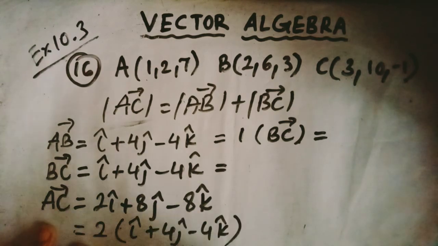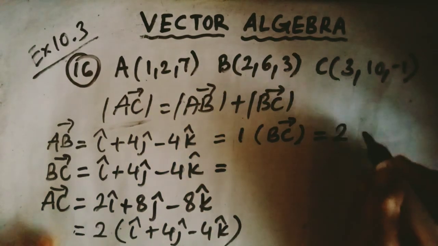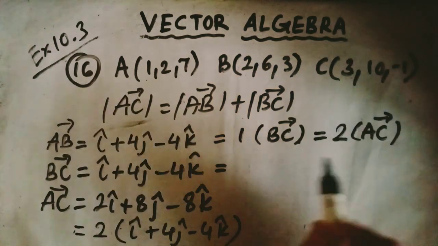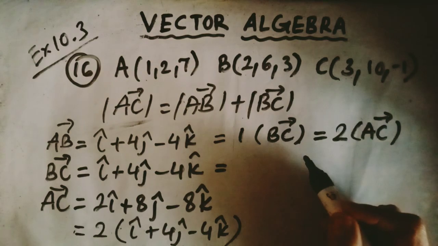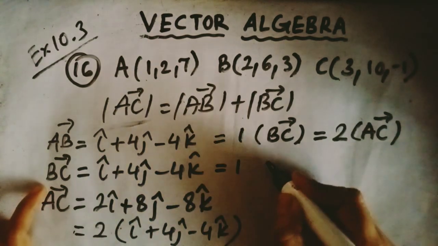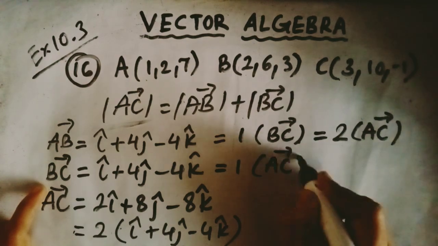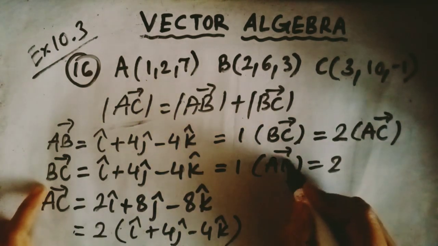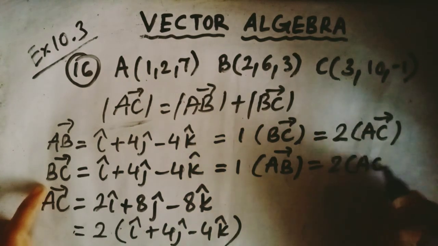Okay, so again you can write 2 into AC vector, so this is also a scalar multiple. Then BC vector you can write 1 into AC vector and again 2 into AB and AC vector.